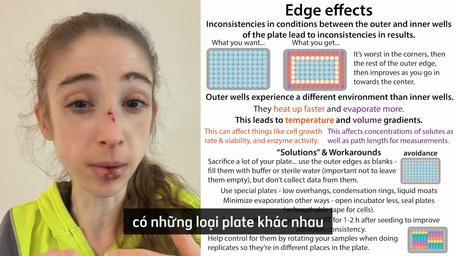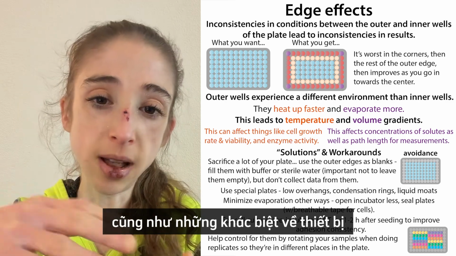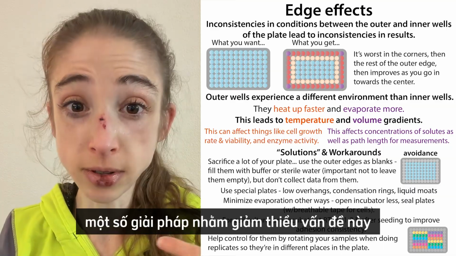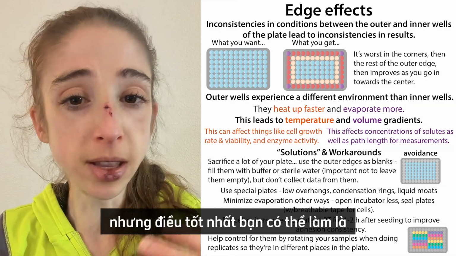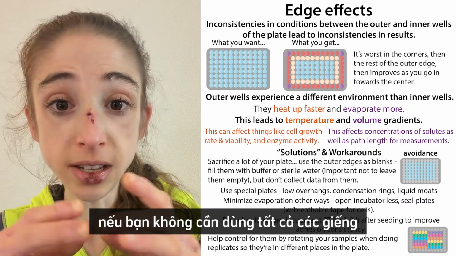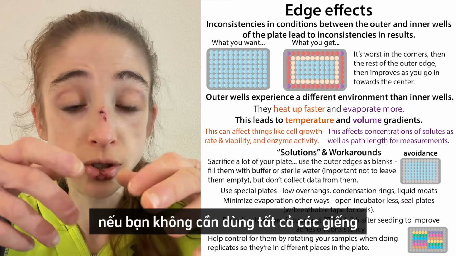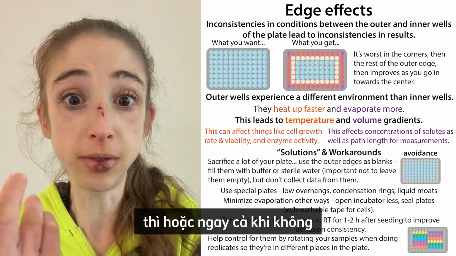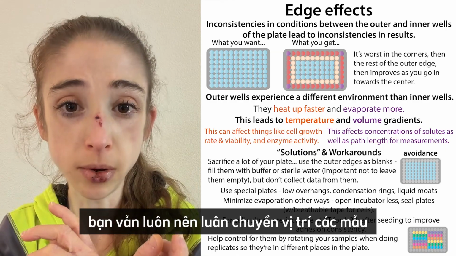There are different types of plates that try to account for this, as well as differences in the equipment that holds the plates. So there are things that try to get around this, but the best thing you can do is, if you don't need to use all of the wells, put your stuff in the center. And if you do, or even if you don't, you want to always be rotating your samples.